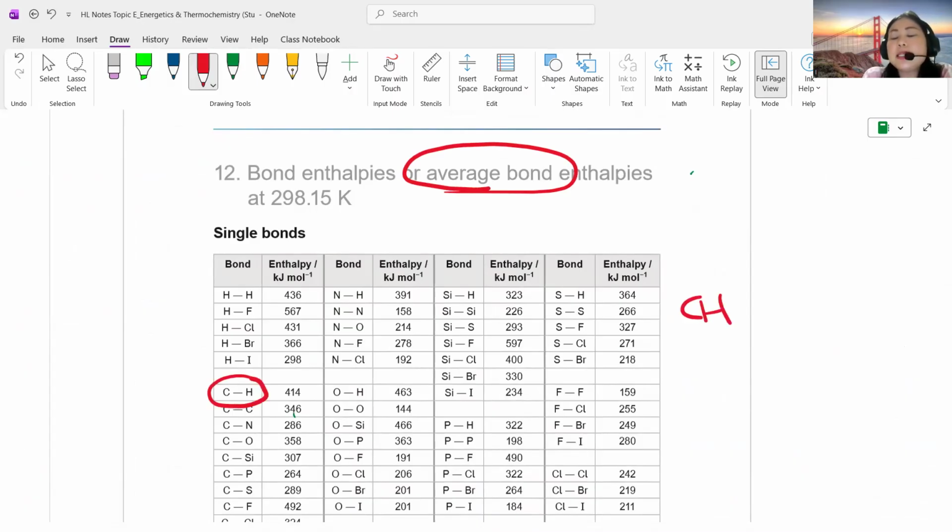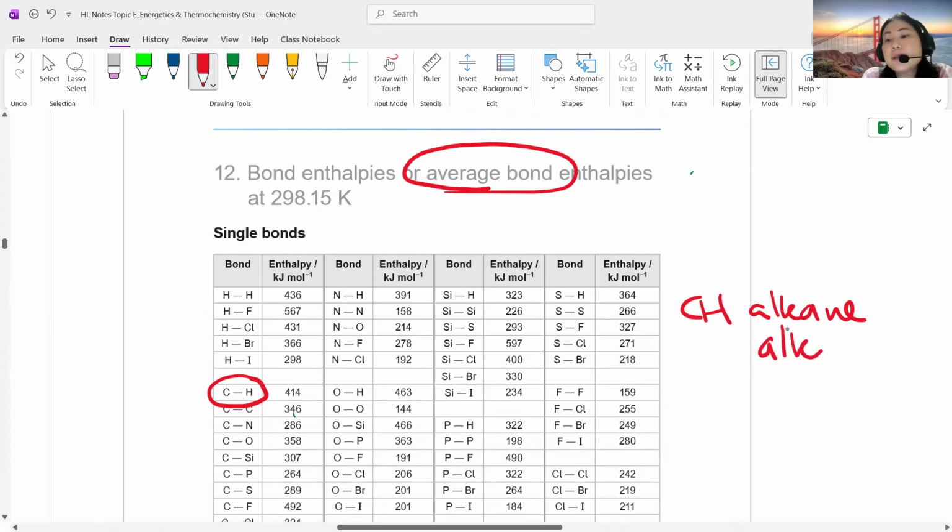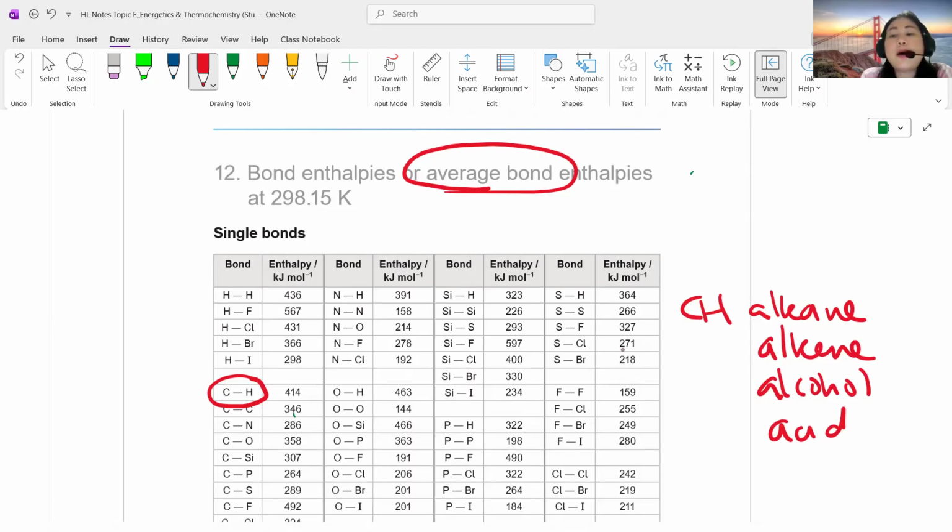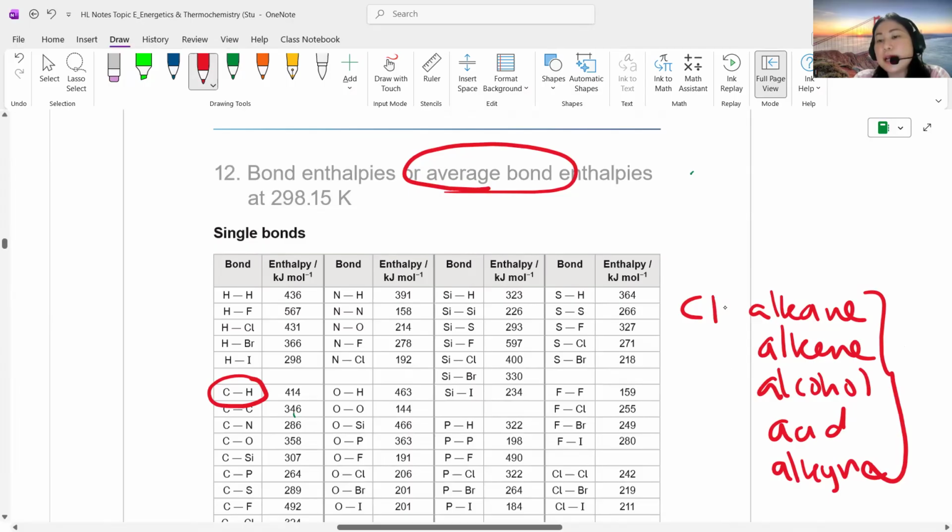They may have taken the CH bond from an alkane, from an alkene, from an alcohol, from an acid, from alkyne, everything that has a CH bond, and they average it. So in a way, it's not very accurate because you're averaging it. It's not really the real value of the substance you're looking at.